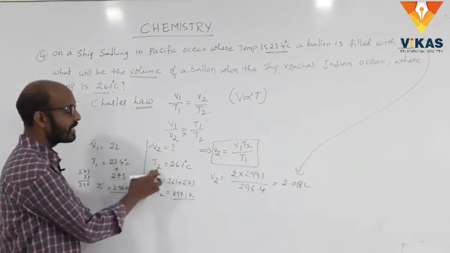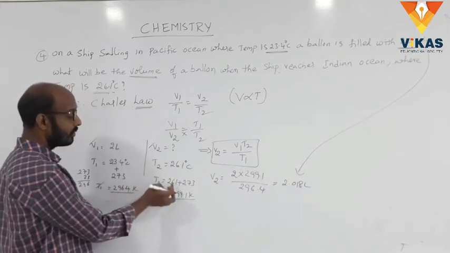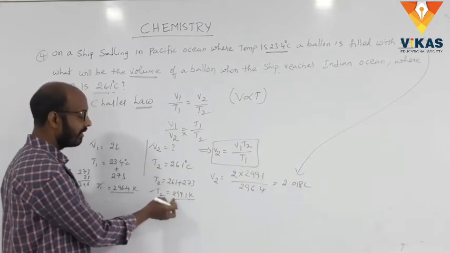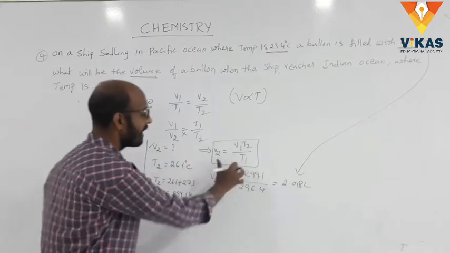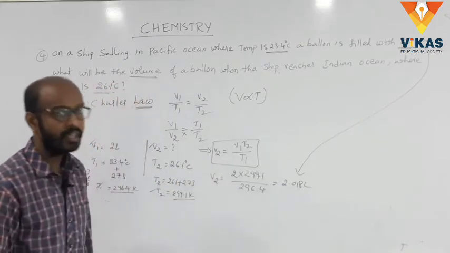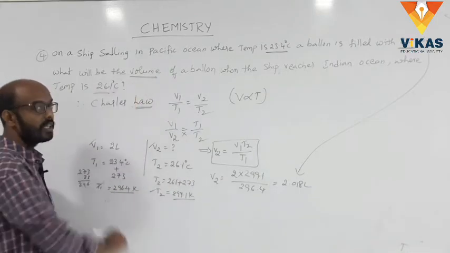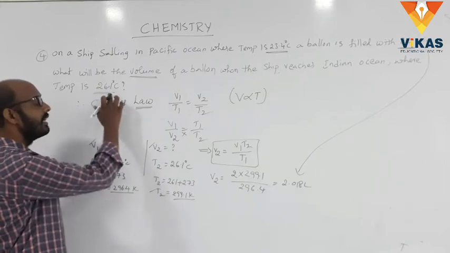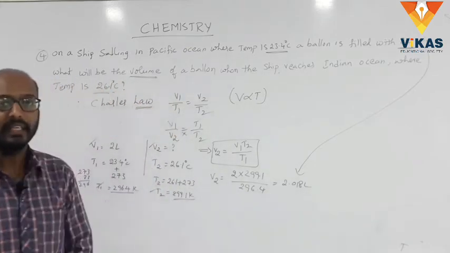And V2 find out చేయాలి, and T2 is 26.1 degree centigrade. So T2, 26.1 plus 273, we get 299.1 Kelvin. So substitute all the values, we get the volume of the balloon when the ship reaches the Indian Ocean at 26.1 degree centigrade, and the balloon volume is 2.018 liters. Clear nana?